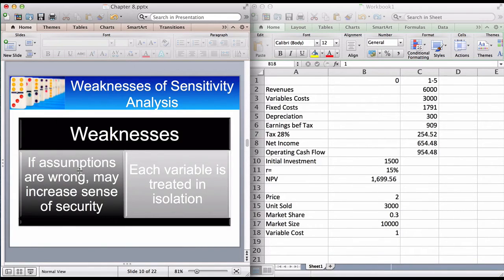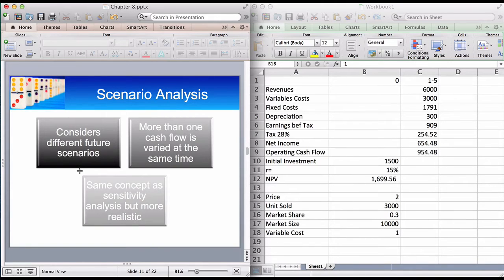Okay, so we now move on to scenario analysis, and with scenario analysis, what we do is we say, well, okay, instead of just varying one input at a time, we'll look at scenarios. So what happens, for example, if the economy is doing better, or what happens if there's a terrorist attack, or what happens if, in this example here, there's a crash that has an impact on the whole market size.